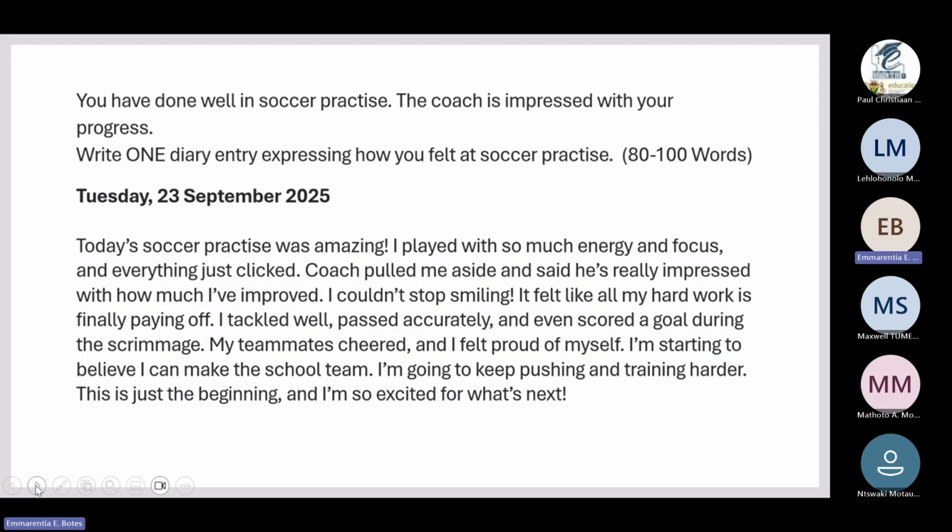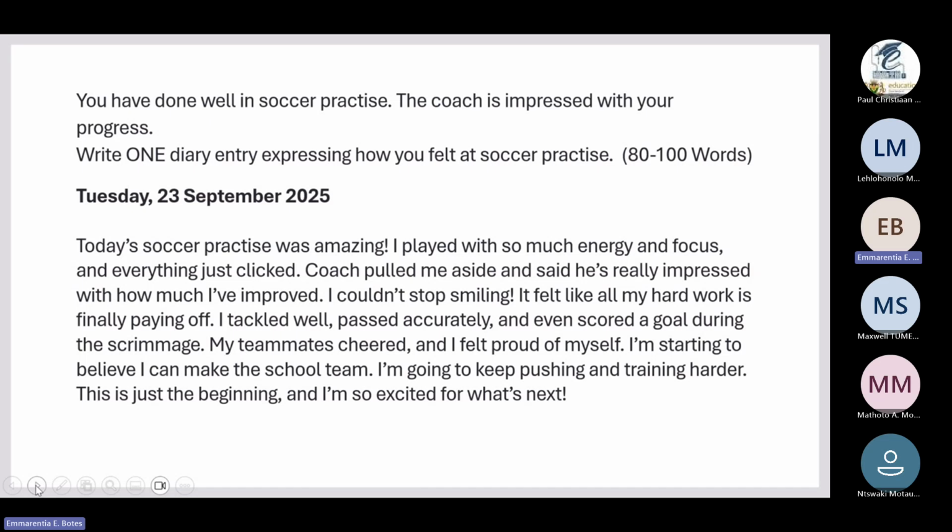Today's soccer practice was amazing. I played with so much energy and focus, and everything just clicked. Coach pulled me aside and said he's really impressed with how much I've improved. I couldn't stop smiling. It felt like all my hard work is finally paying off. I tackled well, passed accurately, and even scored a goal during the scrimmage.